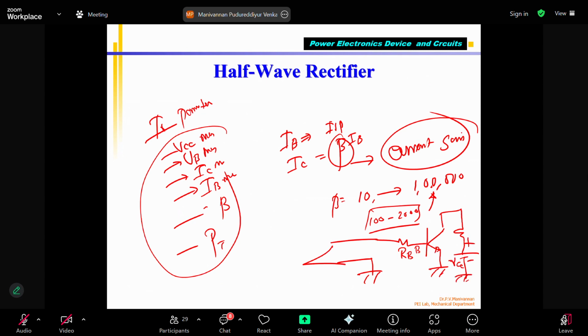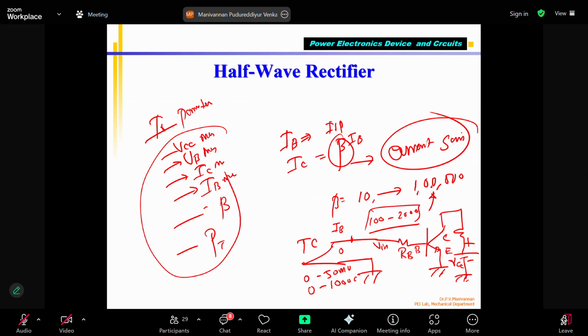This is the collector, this is the emitter, this is the base. We give the input at the base. This is called Vin, this is my thermocouple. It gives 0 to 50 millivolts when temperature ranges from 0 to 1000 degrees centigrade. If I connect this 0 to 50 millivolts, there will be a current going. This current is called IB.